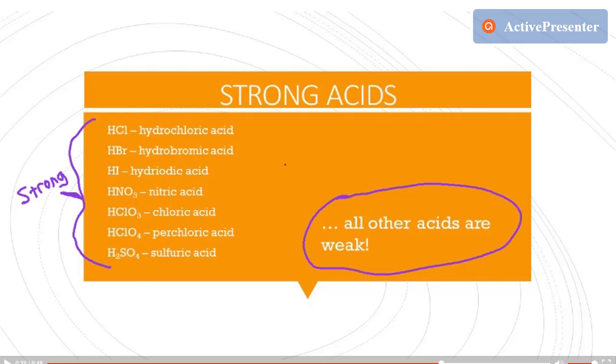So you don't really have to memorize the weak acids at all. You only have to memorize these strong acids, which there's 7 of them. 7 strong acids. And if you notice, at the beginning of every single acid is a hydrogen.